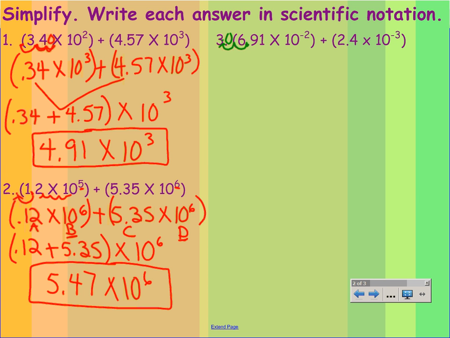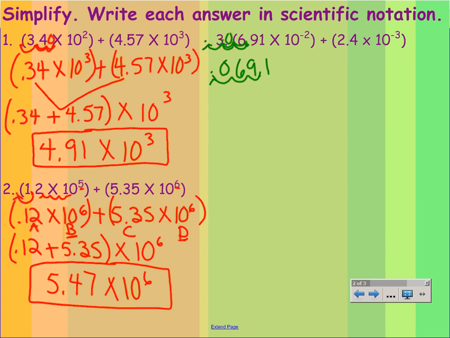But if I'm going to multiply by 10 to the -3, then that means that I would have to go one additional place. So then my decimal is going to look like 69.1. In other words, I would start in this position. Now if I move it back 3 places, then it will be where I would have landed with the 10 to the -2nd power. So we want to move it between the 9 and the 1.